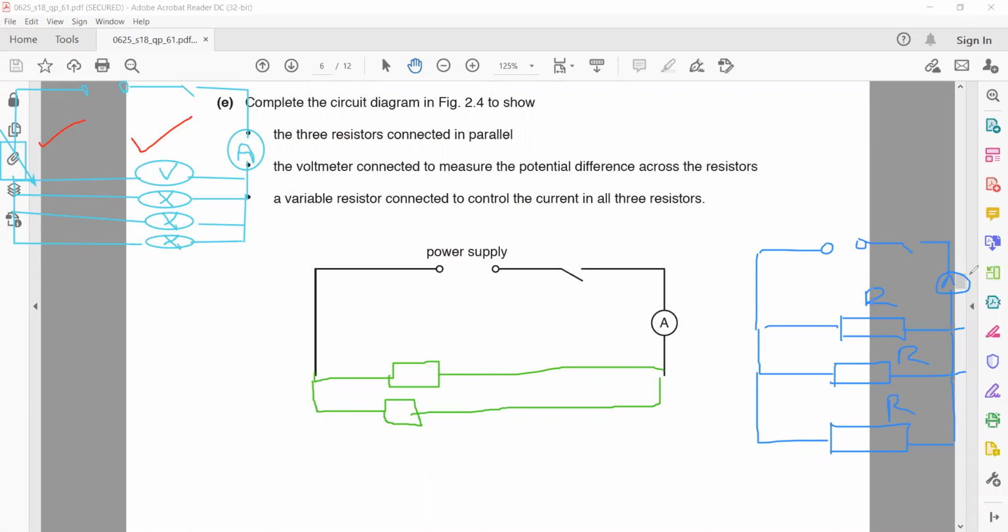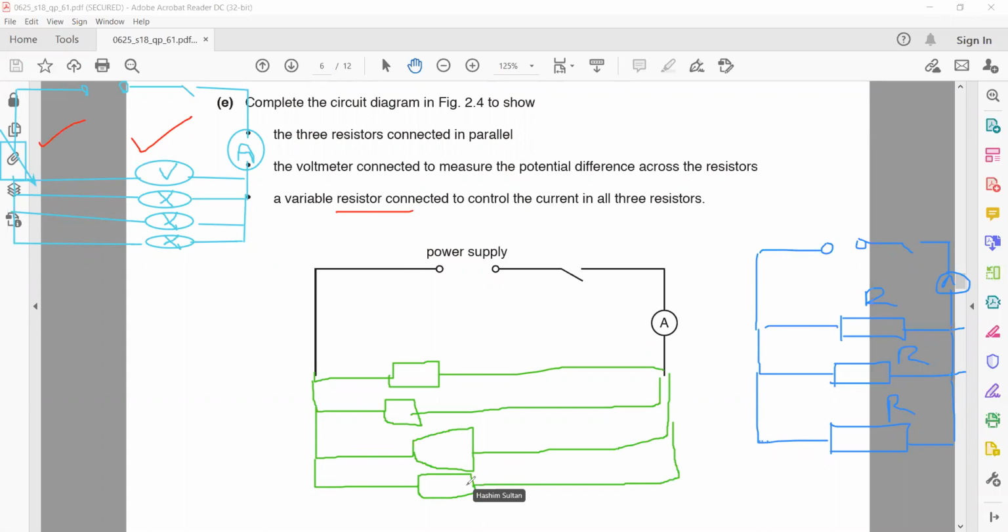There should be a variable resistor as well. One important thing is the correct circuit symbol. As I mentioned, three resistors, so you should use the circuit symbol for a resistor.